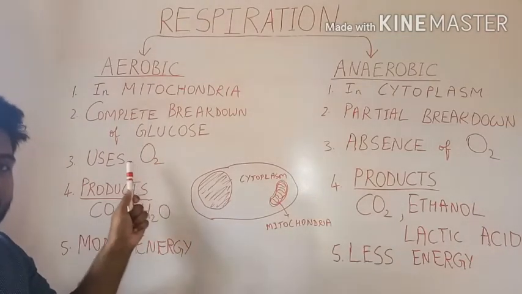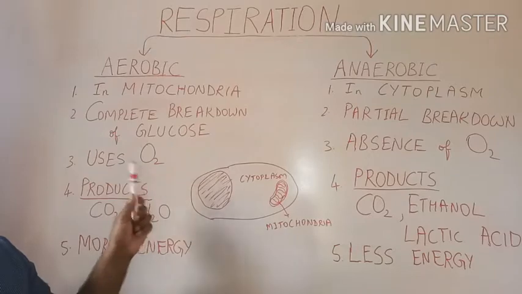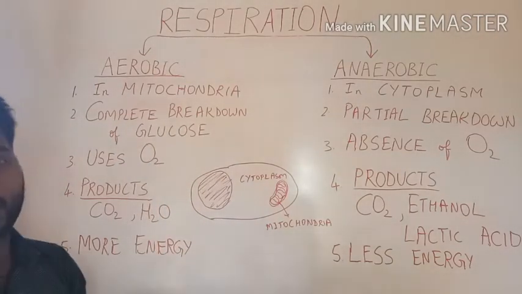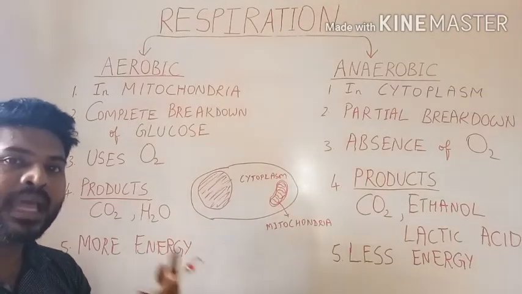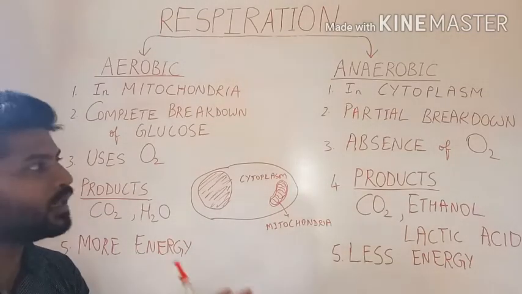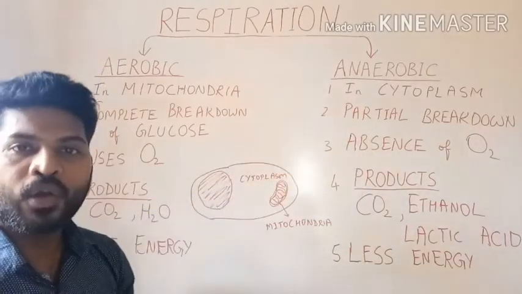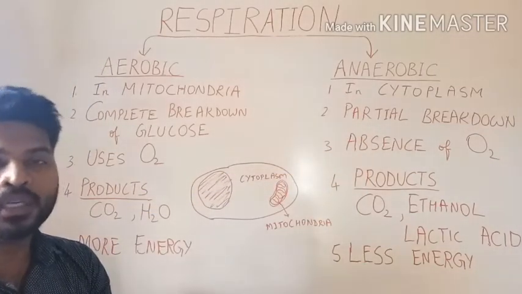Because oxygen is being used to break down the glucose, there is complete breakdown of glucose. That is, C6H12O6 is completely broken down, whereas in anaerobic respiration, glucose is broken down partially.